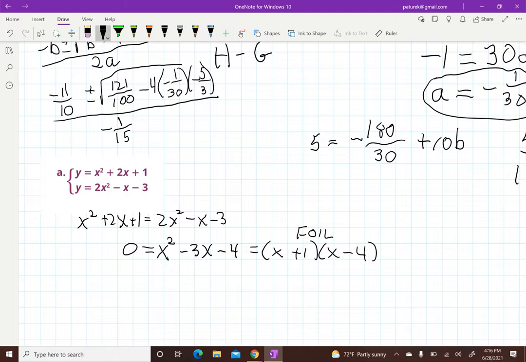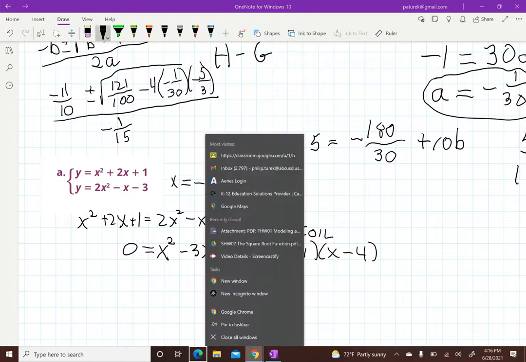And that shouldn't surprise you at all. One at x equals negative 1, and the other one at x equals 4. If you like, you can confirm this graphically. So let's see, we've got x squared plus 2x plus 1 and 2x squared minus x minus 3. Let's go back over to our friend Desmos.